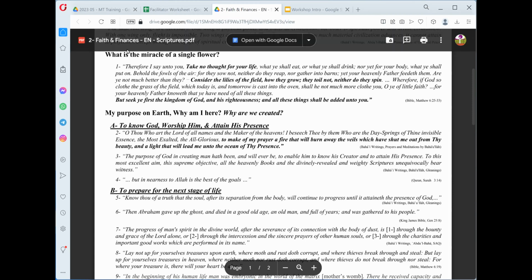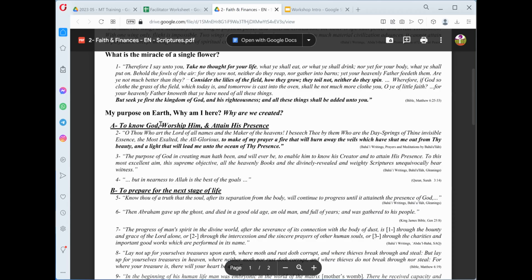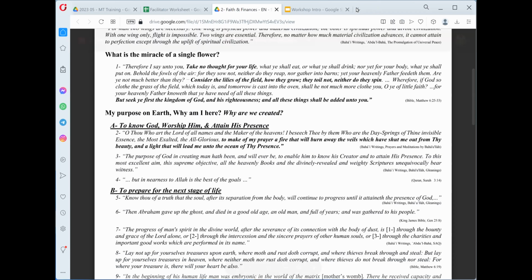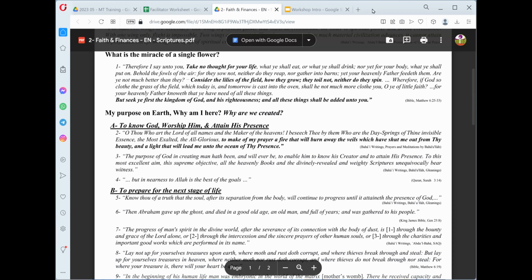I was going to say that it kind of encompasses the completeness that's self-contained within the lily. Kind of reiterating what you said about the sun and the water and everything it needs.